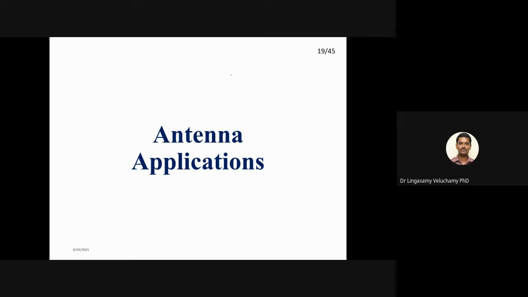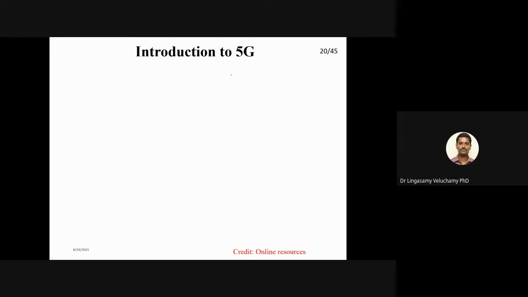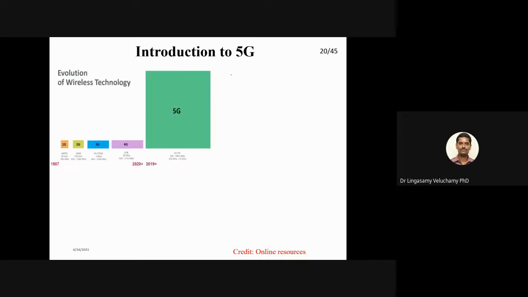That's why we find most antennas being used in the 5G area. Before we move on, we'll briefly discuss what 5G is. Introduction to 5G. Unlike other technologies, a paradigm shift has happened in 5G technology.